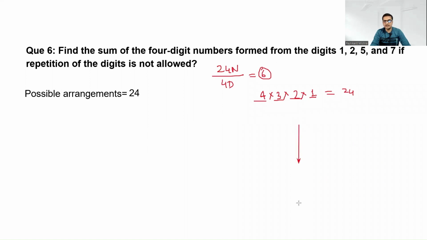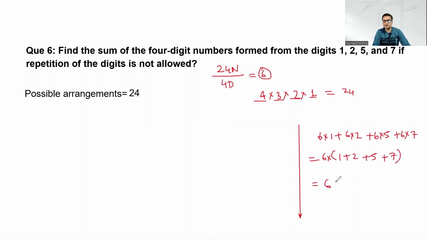So we can say when we write down 24 numbers, then at units place, 1 is repeated 6 times, 2 is repeated 6 times, 5 is repeated 6 times, and 7 is repeated 6 times. So the sum of all unit digits is equal to 6 into 1 plus 6 into 2 plus 6 into 5 plus 6 into 7, which is equal to 6 common into 1 plus 2 plus 5 plus 7, which is equal to 6 into 15 is equal to 90.